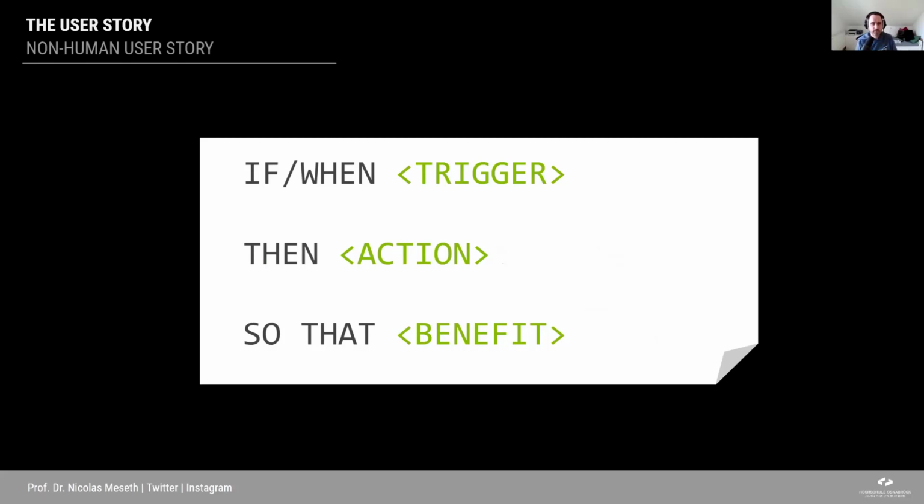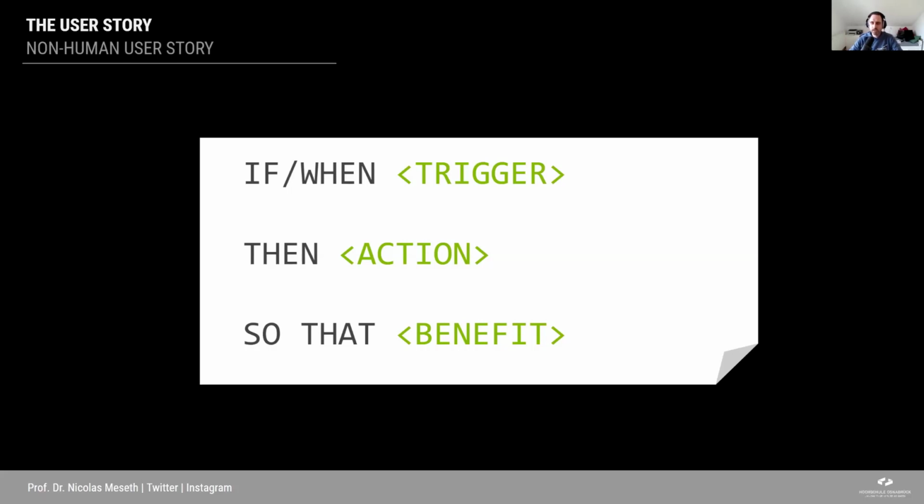So for example, we could more generally say, if or when a certain trigger occurs, then do something. And then again, why should it do that? So what's the benefit? And then this is a way how we can express a user story in the context of a more technical system, like a cyber physical system, where there's actually sometimes no human involved.